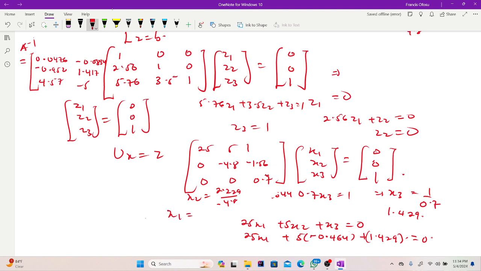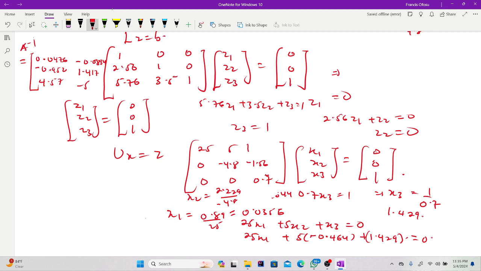So x1 is simply equal to 5 times negative 0.464, plus 1.429. So I'm going to get 0.89 over 25. So divided by 25, I'm getting 0.0356. Okay, so now let me circle my answers.